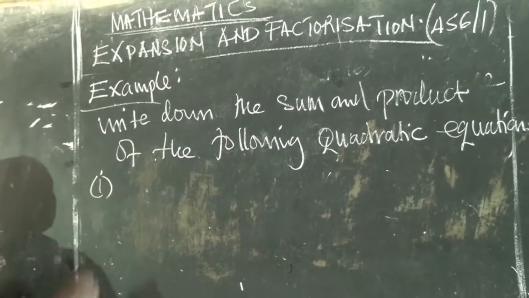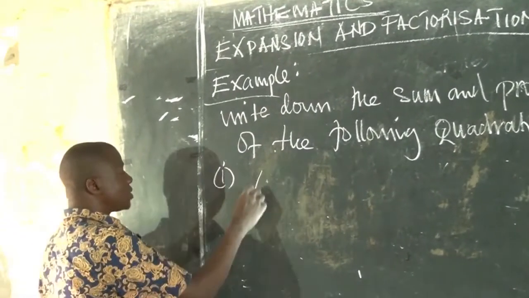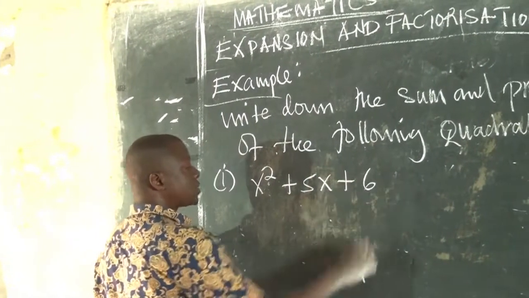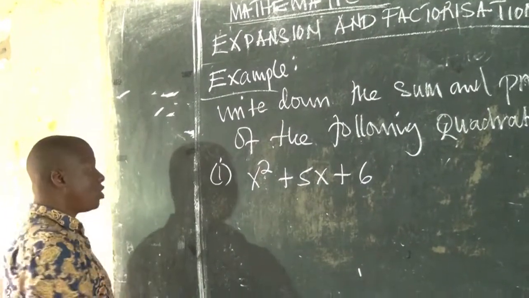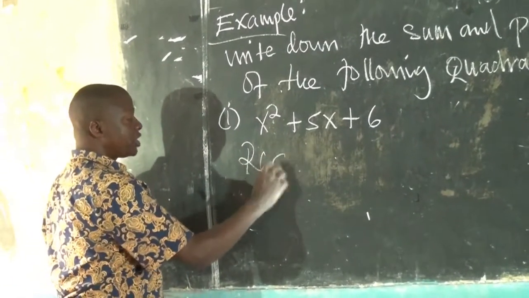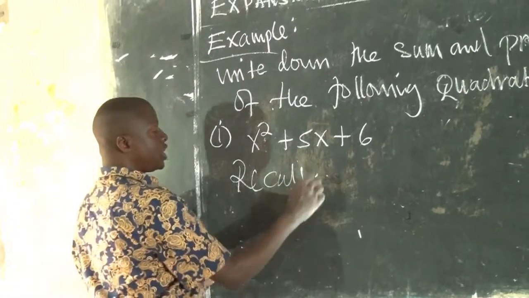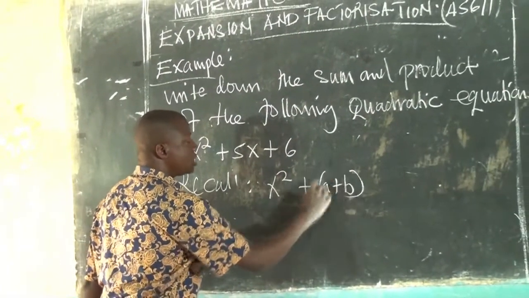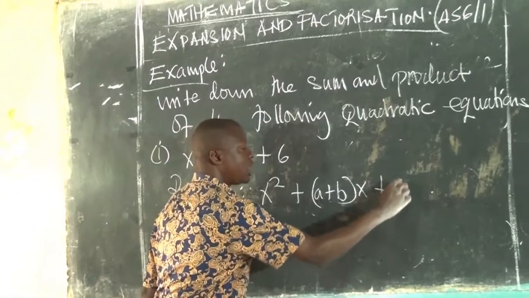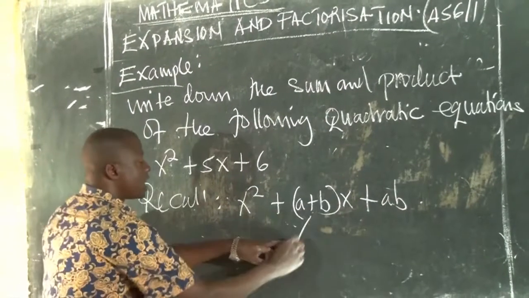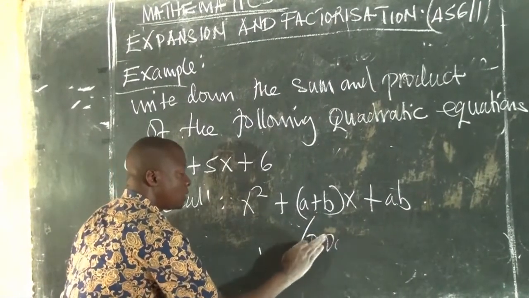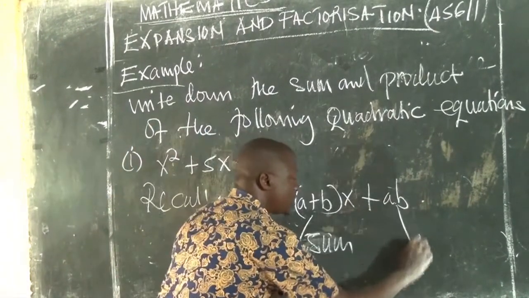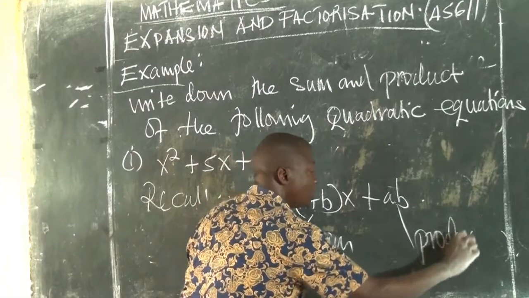Roman number 1, we have x squared plus 5x plus 6. When you recall, we said x squared plus (a plus b)x plus ab. This is our sum, and this one is the product.